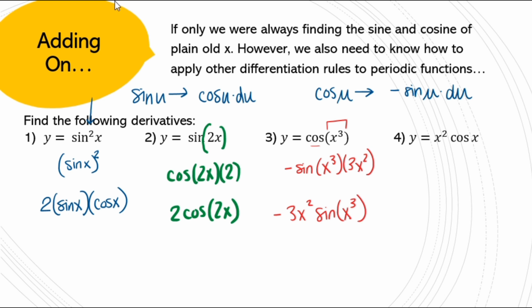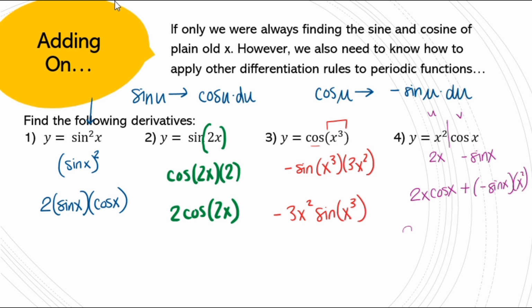Last one, let's do purple. Ooh, this one. What do we want here? Product rule, right? We've got a nice plain old cos x, and we've got x squared, so I know that the derivative of x squared, and I'm just going to write it below, is 2x. I know that the derivative of cos x is negative sine x, and we're going to apply that product rule where it says u prime v, let's clean it up by writing like that, plus v prime u is the derivative.